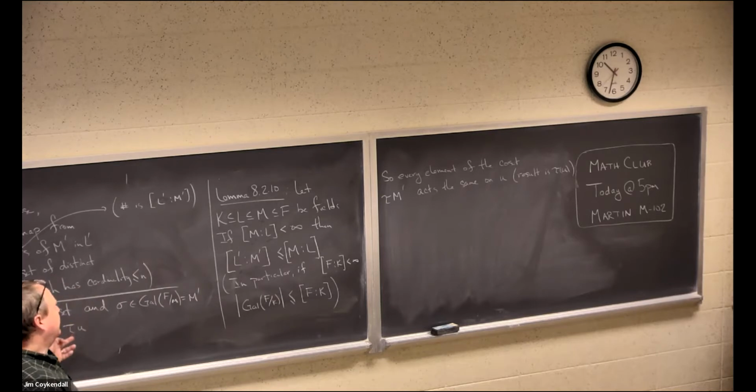Because everything in the coset, first you apply the sigma in M prime and it doesn't do anything. So every element of the coset does the same thing that tau does. And this observation lets us define our map.